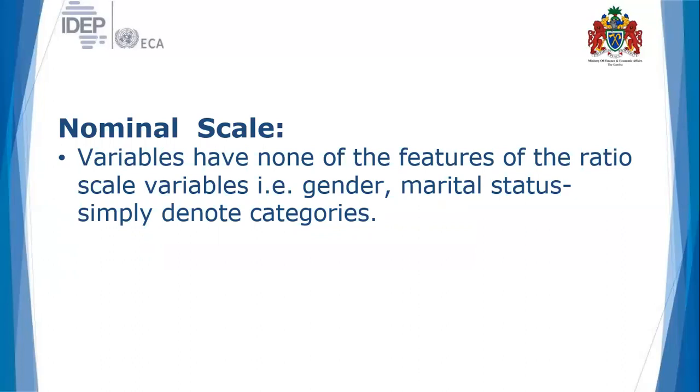Examples here can be gender, male or female, or marital status, such as married. Sometimes we assign numbers for gender, 1 representing female, 0 representing male. Those are just numbers for identification. Beyond that, they have no other meaning. For marital status, 1 can be single, 2 married, 3 divorced, 4 widowed, etc. Those numbers are attached just to identify one's marital status.